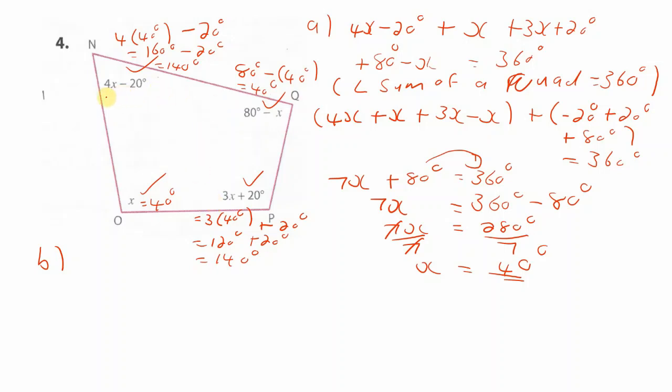So once again, we can see opposite angles are equal. We have 140 and 140. Here we have the 40 equal to the opposite 40 degrees. So again, we don't know anything about the sides, so we have to go for the most general case.